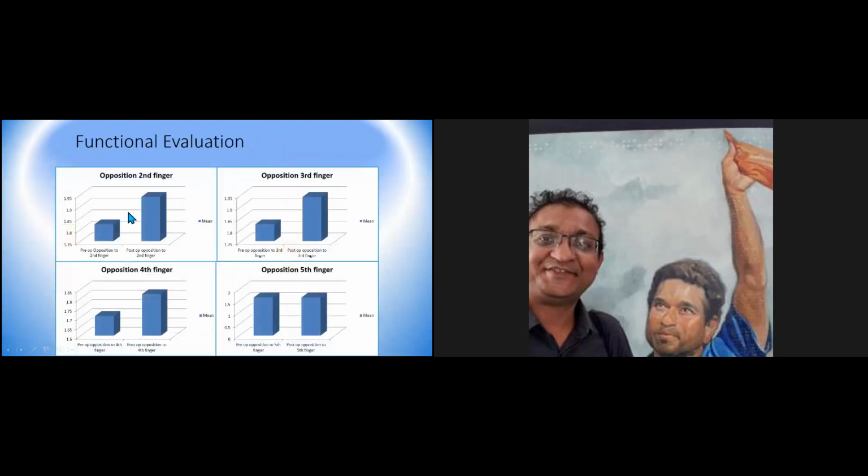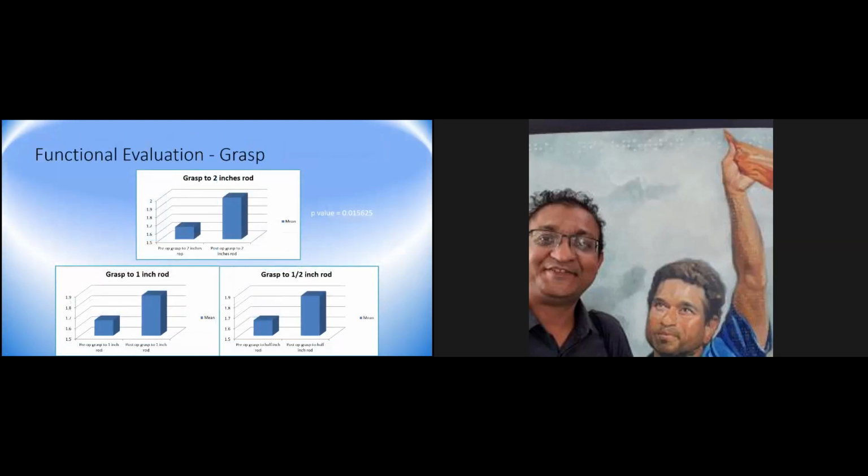Not only this, even at the fingers, you can find how the opposition of two fingers improves, the fourth finger improves, the third finger improves, the fifth finger, yes, we don't use much, and not that much change occurred. Similarly, the grasp of different sizes of the instrument or rod has also been shown to improve, even 2 inch or even half inch, after selective motor fasciculotomy of the hand muscles.